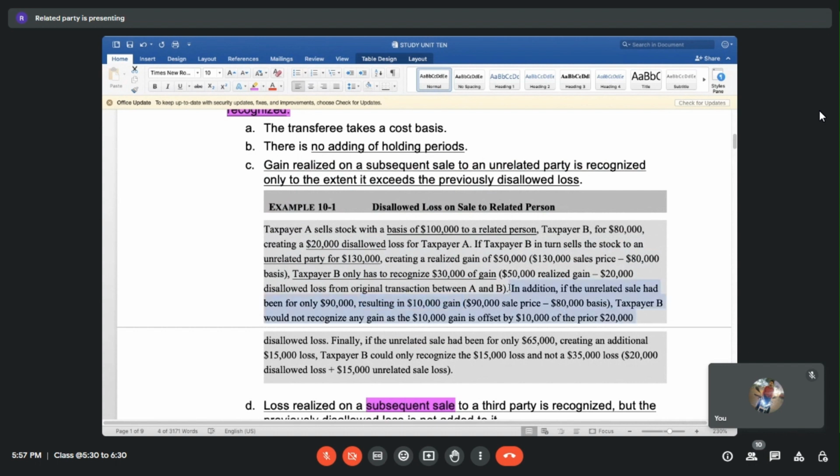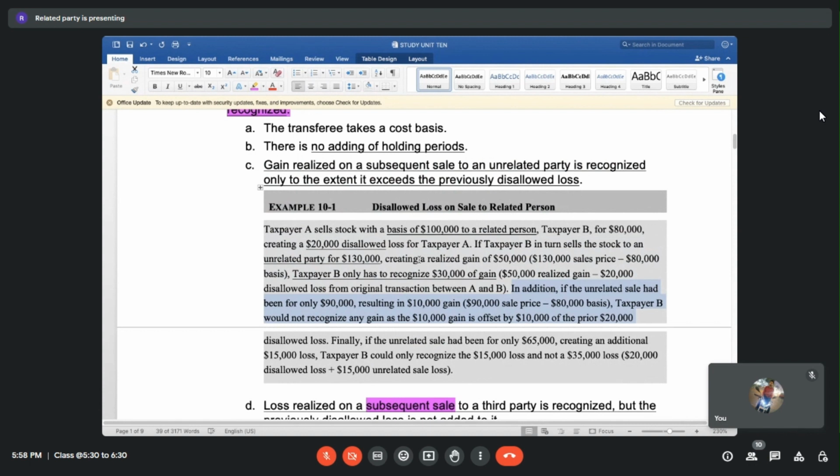So here the gain is only 10,000, but there is a disallowed loss of 20,000. So the taxpayer says, well, I have a gain, fine, but there is a disallowed loss. So I'm going to reduce my gain with that loss which was disallowed earlier. So it becomes zero.